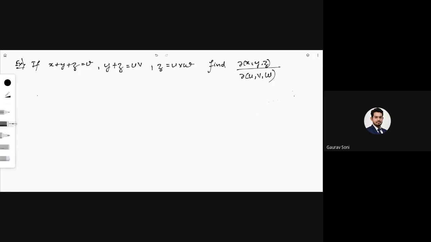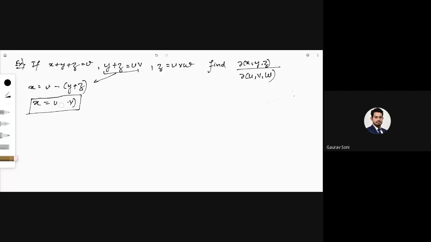So what we will have, x is equal to u minus y plus z. But from the second one, y plus z is uv. So I can write this as u in bracket 1 minus v. Now, since I want to take the derivative, I'll simply write down u minus uv.